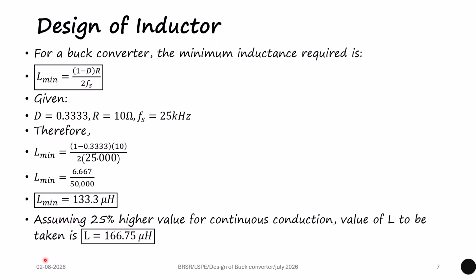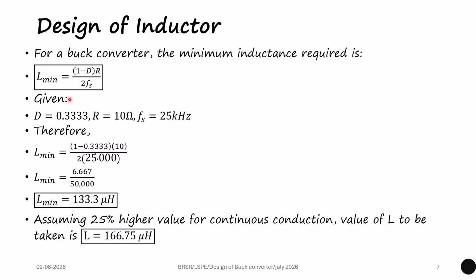For calculating the inductor value, the formula used is L minimum is equal to (1 minus D) into R divided by 2 into Fs, where D is the duty ratio, R is the resistance, Fs is the switching frequency. Already we have calculated the value of D and we know the value of R and Fs given in the problem.